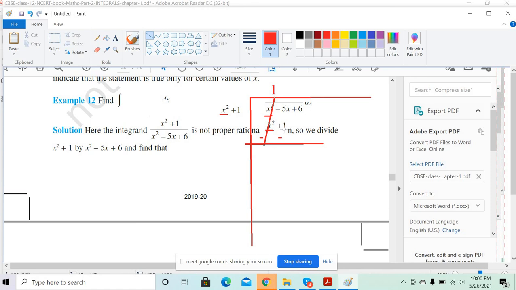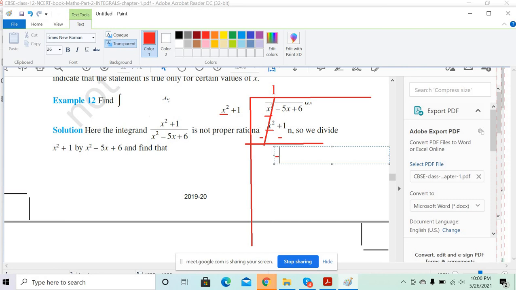Because this is minus 5x and this is plus 1, we can't combine them. So we have to do it with the constant numbers 6 and minus 1. Minus 5x as it is will come down as minus 5x because there's nothing to subtract, right? Correct? Yes, sir. 6 minus 1 is 5. Got it?